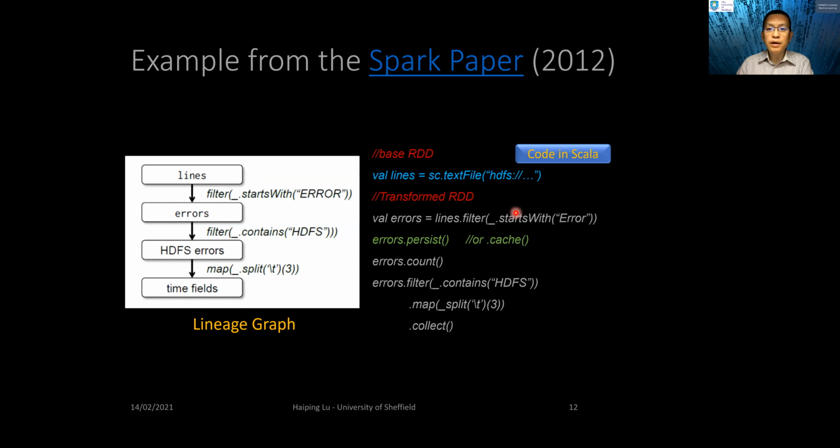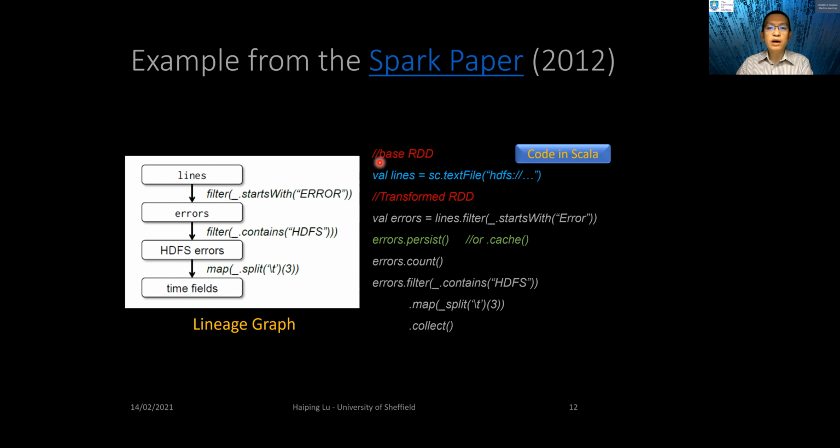And here is the corresponding code in Scala, since Spark was originally written in Scala. It is very readable, so you don't need to actually learn Scala, but you can read it and roughly know what it is doing.